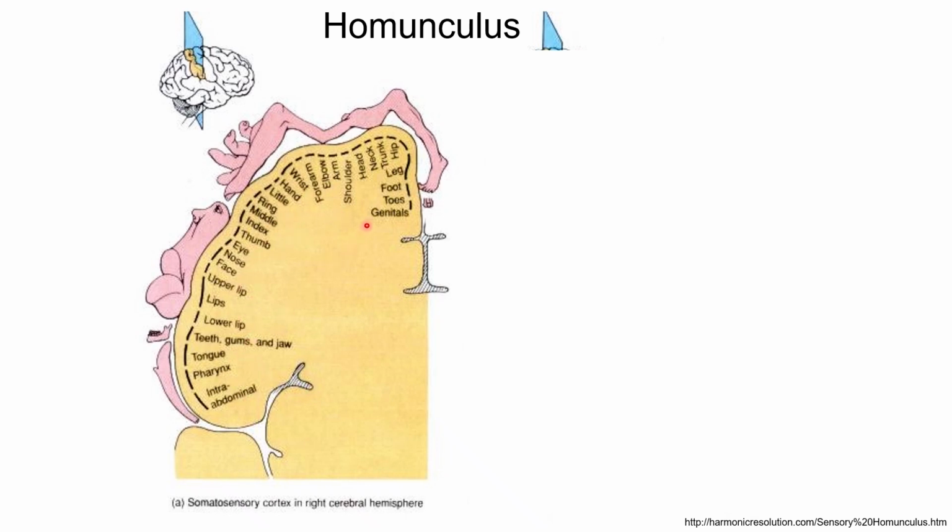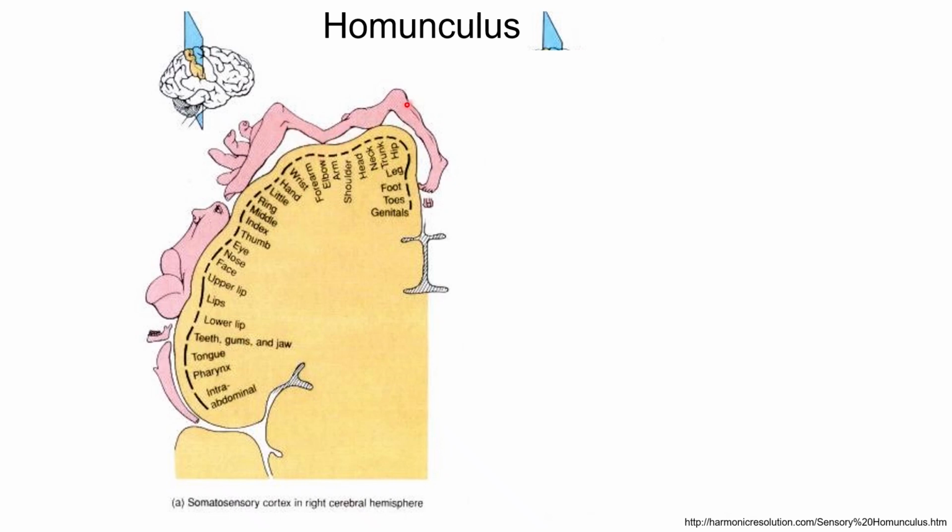Now the interesting part here is how much area in the somatosensory cortex is devoted to a particular body part. We find that the amount of area devoted in the somatosensory cortex is not directly proportional to the size of the body part. Rather, it is proportional to how sensitive that body part is. For example, the fingers, which are very sensitive to touch and have a lot of touch receptors, have relatively large area devoted to them, as you can see here, whereas the arm, which is much bigger in size, has a slightly smaller area devoted to it.